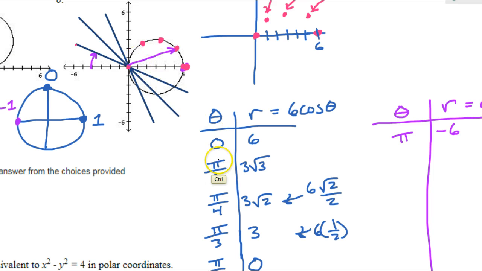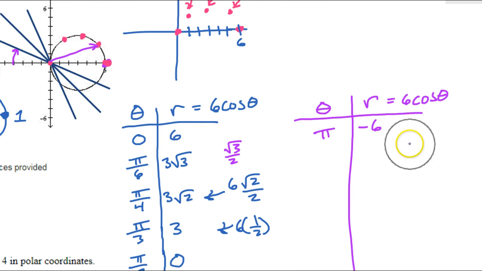Because the reference angle is the same, the reference angle is still pi/6, the cosine is going to be the same. The cosine of 30 degrees, remember, was radical 3/2. The cosine here is also going to be radical 3/2.